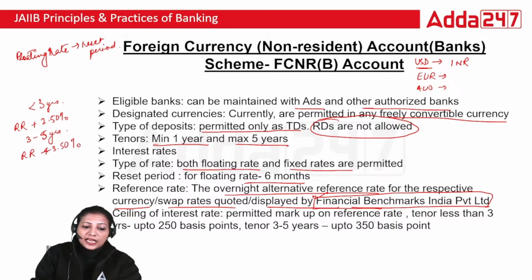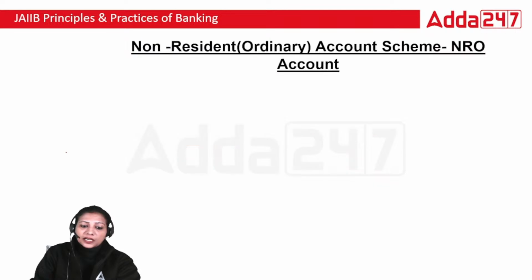It is written "up to", which means it could be less also. It will depend on the bank at what rate they want to give, but the maximum will be 3.5% above the reference rate. In case of deposit for less than 3 years, it could be a maximum of 2.5% above the reference rate. It cannot exceed that. Now comes the NRO account.